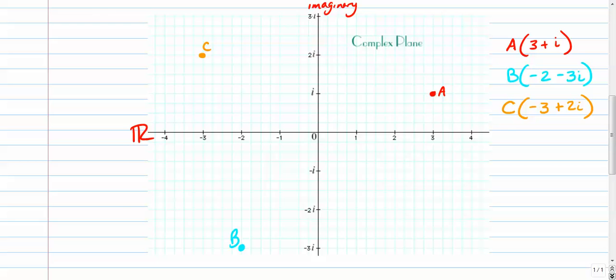And let's see, one more, we'll put it in green color. Point D, let's say, is just negative 3i. So it goes left and right 0, but just down, simply down to negative 3i, and there's point D.